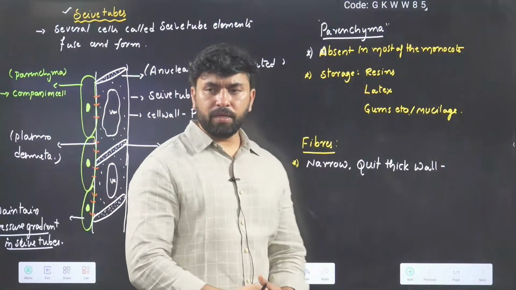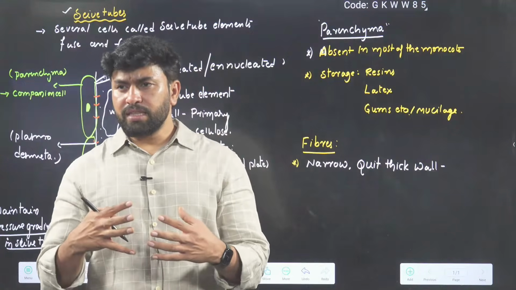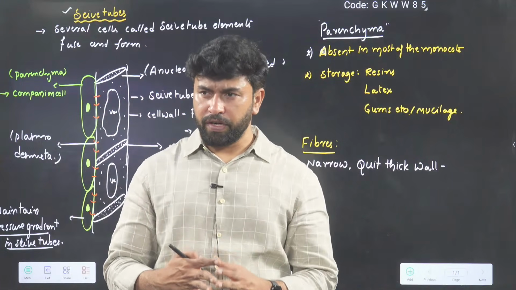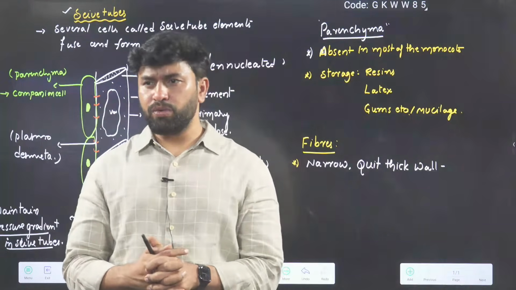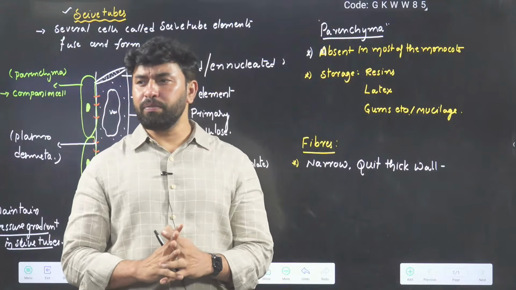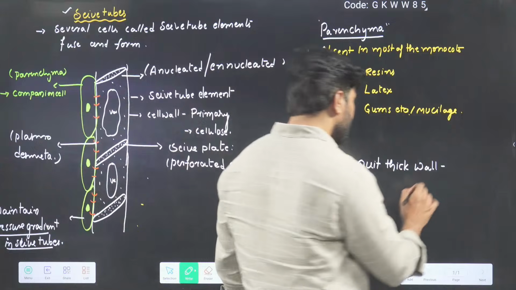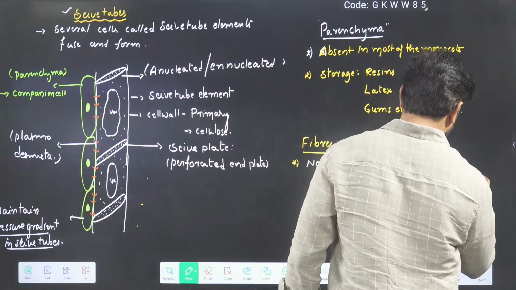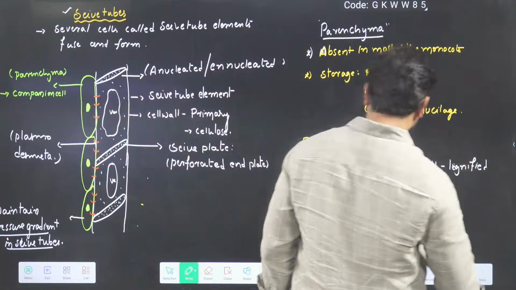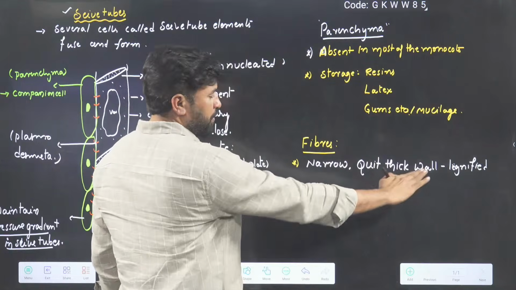If I say there is a thick wall present in fibers, that thick wall is making the fiber die. At that time, that thick wall is made up of what sort of material? Of course, lignified. Done. This is the primary character.